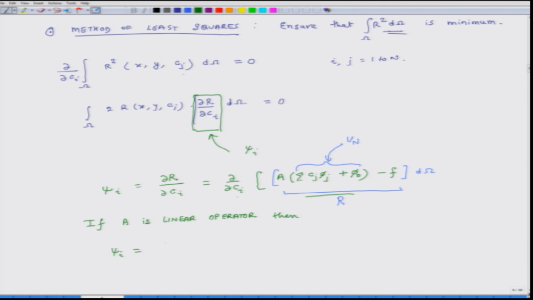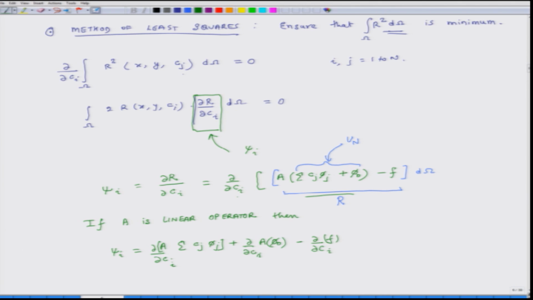So, psi I equals del over del Ci of the integrand, with Cj phi j plus phi naught minus f, differentiated again del over del Ci, minus del over del Ci of f.